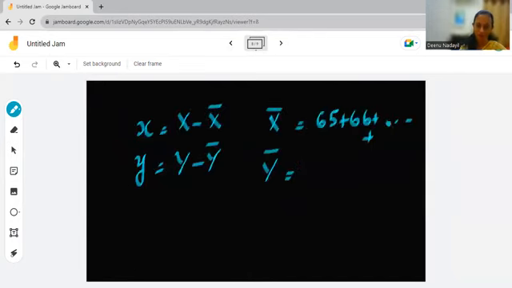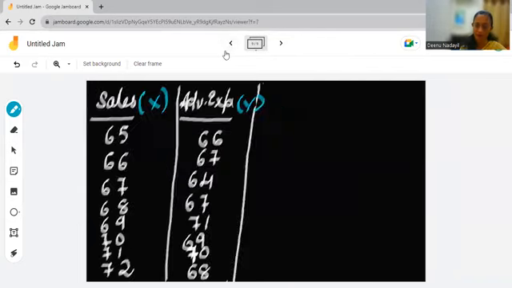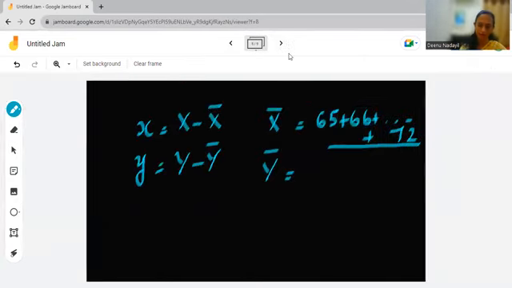Divided by what? Divided by how many observations are there? X bar equals sigma x by n is the formula to find the arithmetic mean. Yes or no? So 1, 2, 3, 4, 5, 6, 7, 8. So divided by 8. That is your x bar.